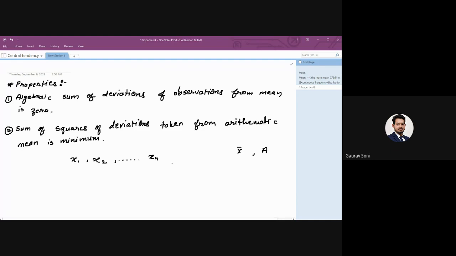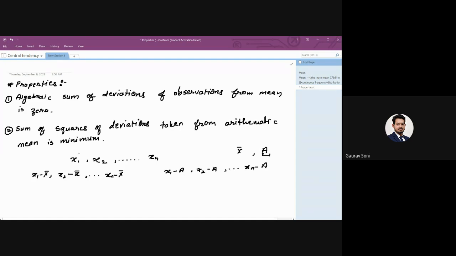So the deviations from x bar are x1 minus x bar, x2 minus x bar, and xn minus x bar. Similarly, the deviations from the point a are x1 minus a, x2 minus a, and xn minus a.